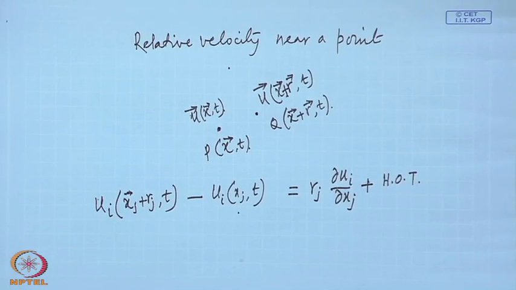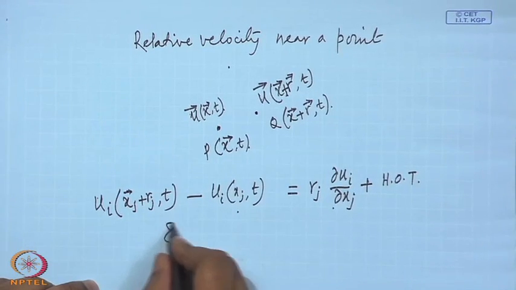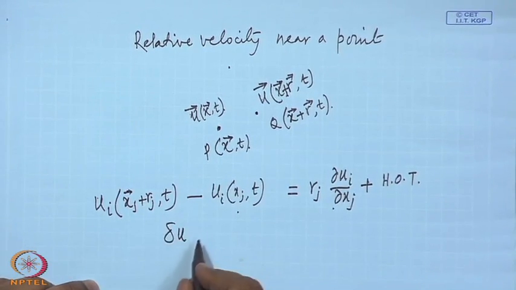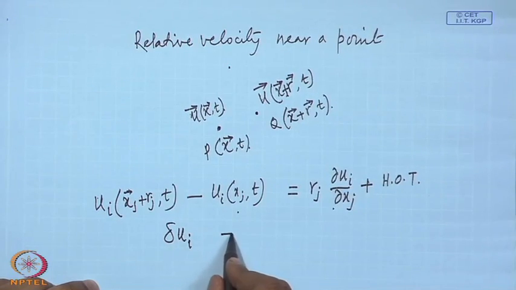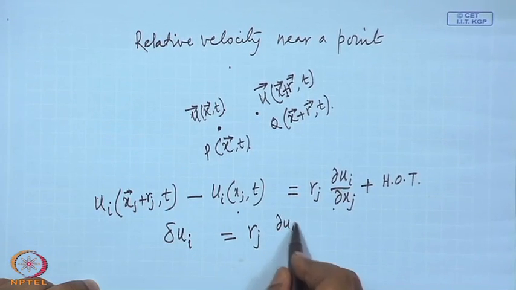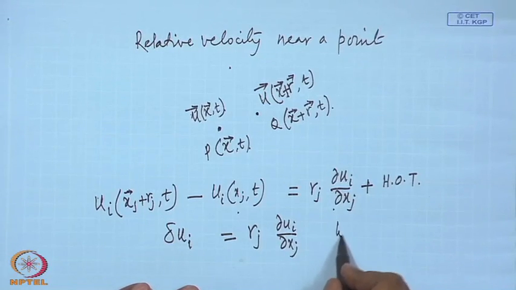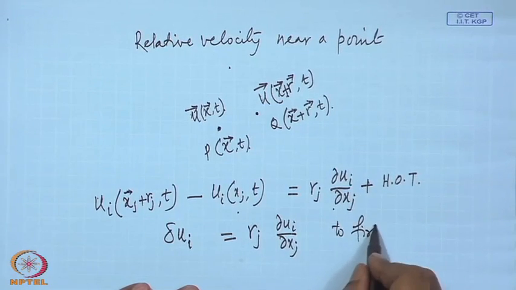So, to first order of accuracy we can have only this term. This difference we will now call delta u. So, the delta u i between these 2 points is simply r j d u i d x j to first order accuracy.